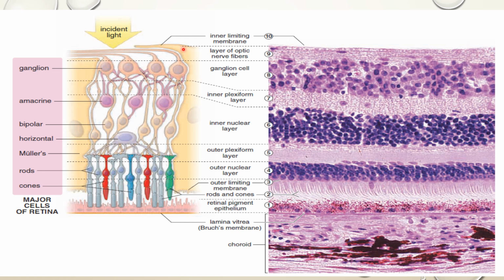And these tall cells, on both sides, these tall columnar cells are the Müller cells.